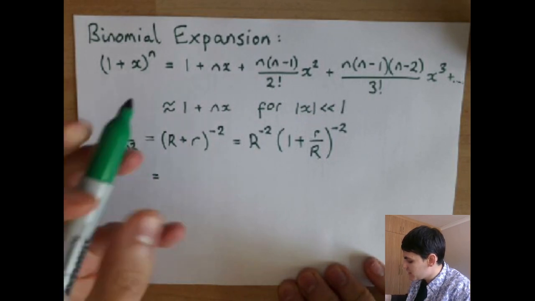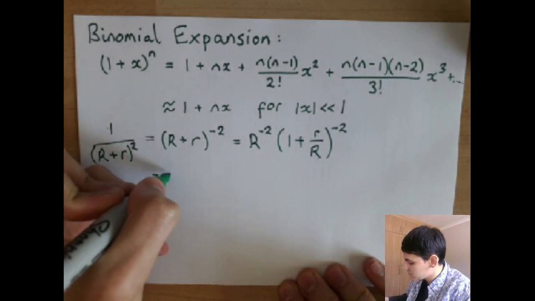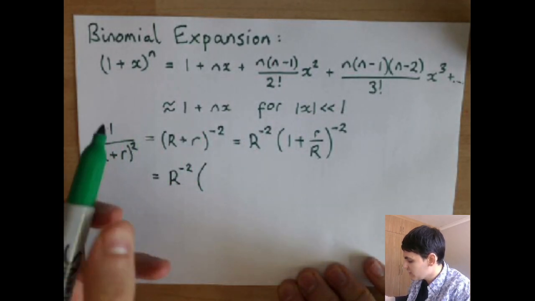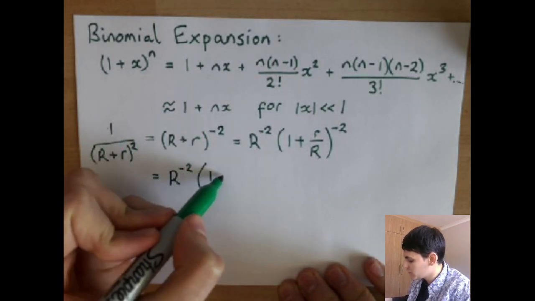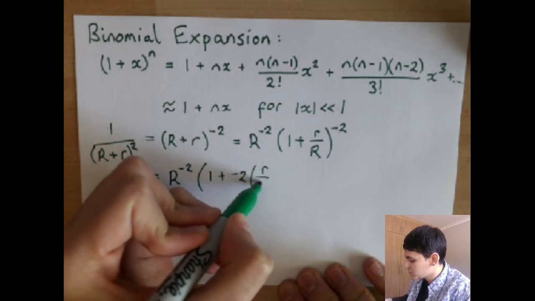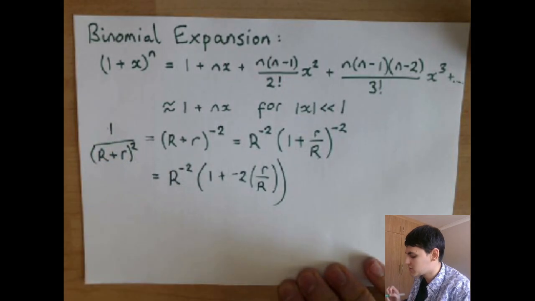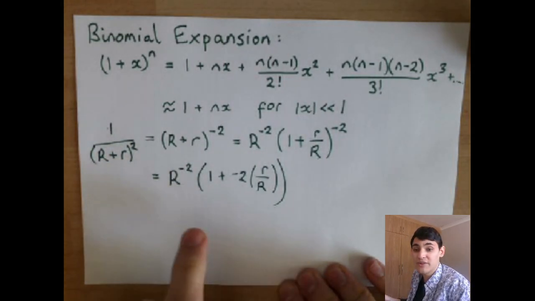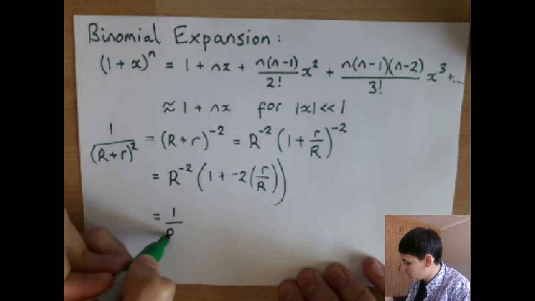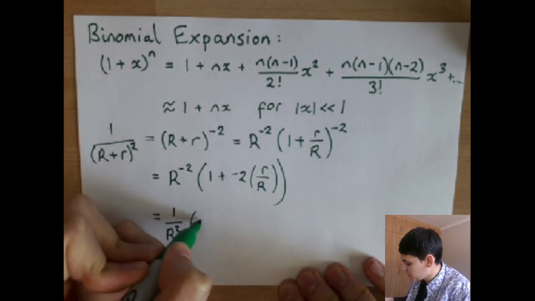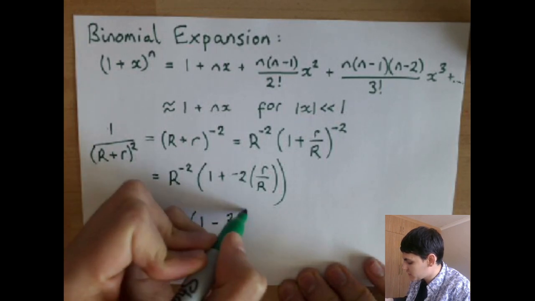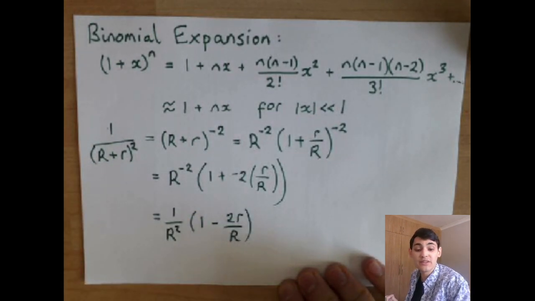We end up with big R to the minus 2 multiplied by 1 plus minus 2 multiplied by little r over big R, and then all of that in brackets. Let's tidy that up a bit. Okay, and we end up with 1 over big R squared multiplied by 1 minus 2 little r over big R, all in brackets there.